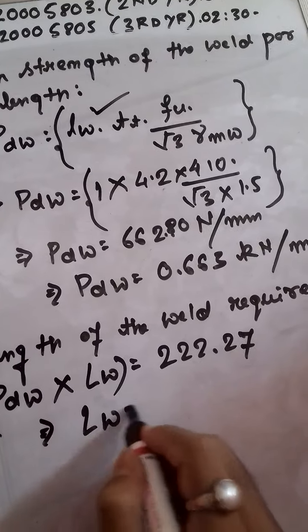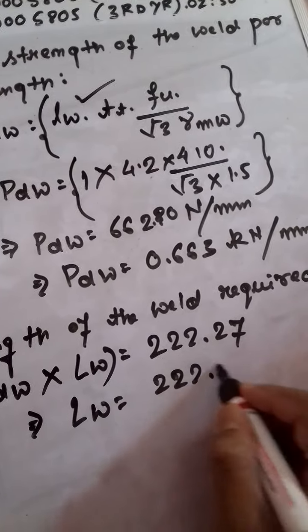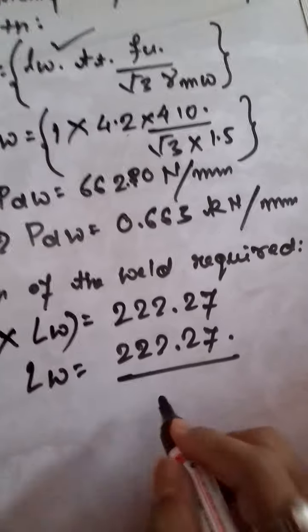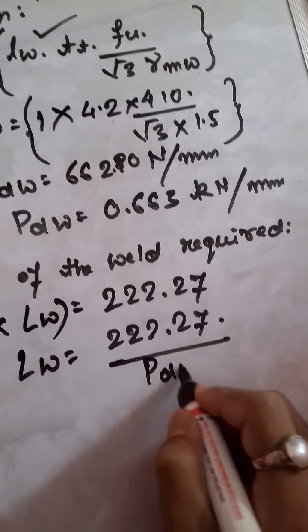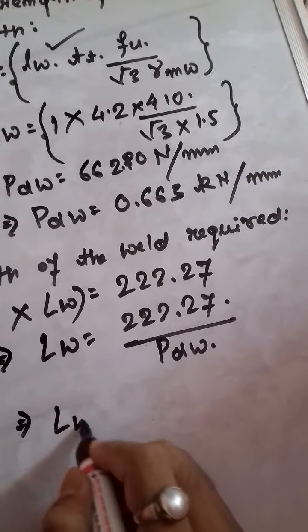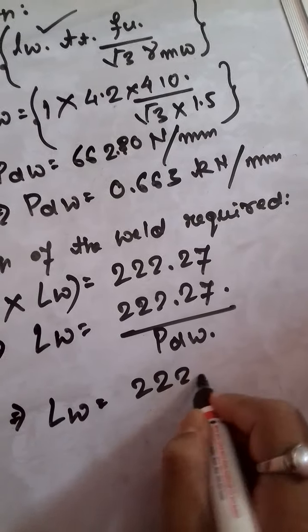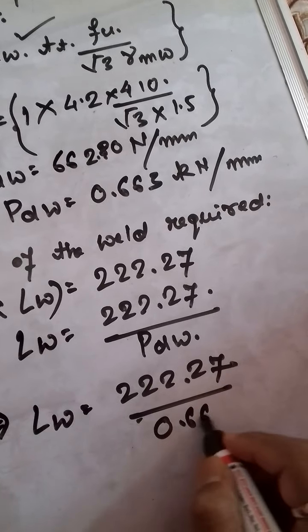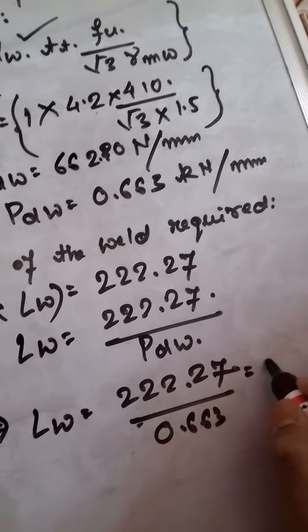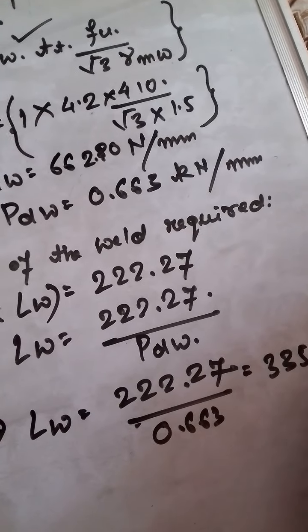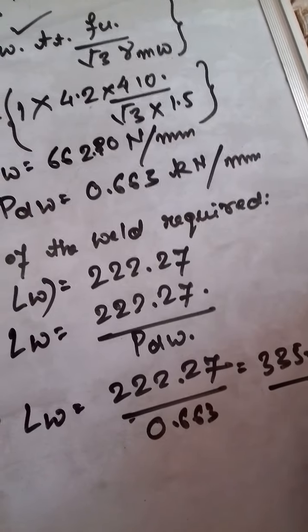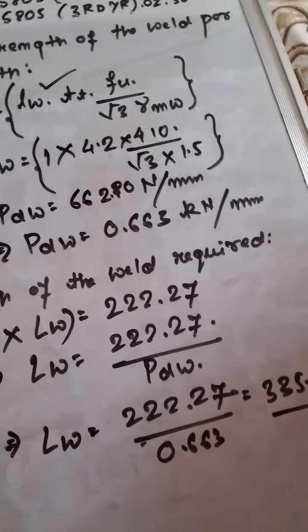So the length of the weld will be equal to 222.27 divided by the strength per unit length, that is PdW. Substitute the values, you will get the total length of the weld, which is equal to 335.25 mm. This is the total length of the weld.